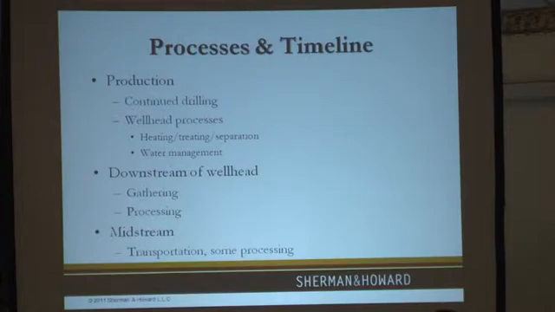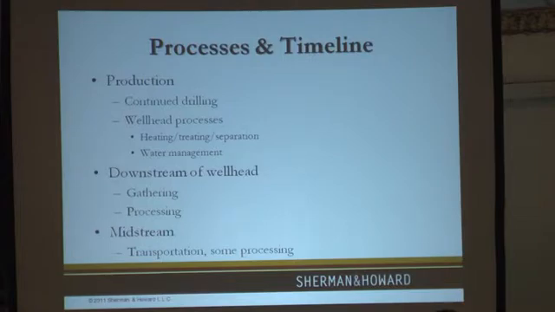Downstream of the wellhead, the terms that we use are gathering and sometimes processing. So from multiple wells, there are pipelines that gather the product. Usually gas is involved with gathering. Oil, sometimes it's piped, a lot of times it's trucked, sometimes it's even conveyed by train. And it's stored in tanks at the wellhead.